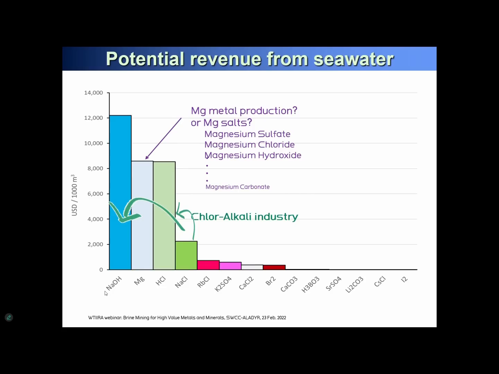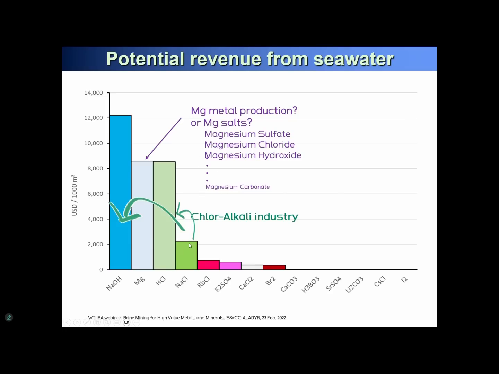So if you can produce your sodium hydroxide on the spot, that will be very cost effective. So from sodium chloride, using this method, sodium hydroxide can be produced. Also magnesium metal, also different magnesium salts can be produced.